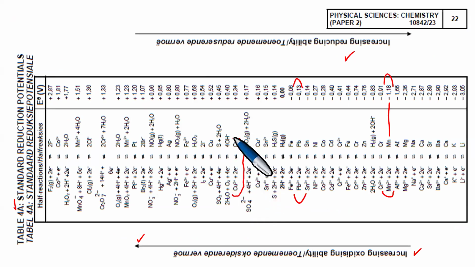You look for this copper, and it is sitting there: Cu²⁺ plus 2 electrons gives you Cu.